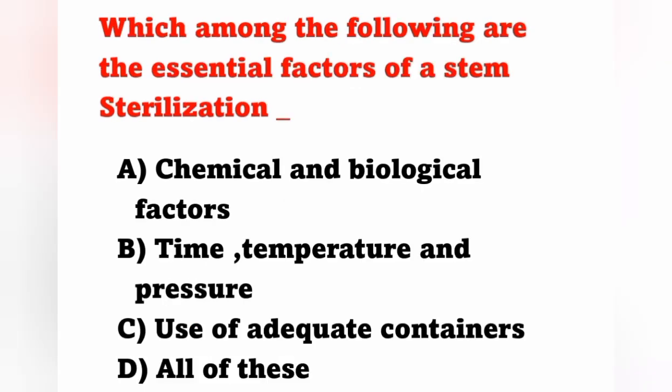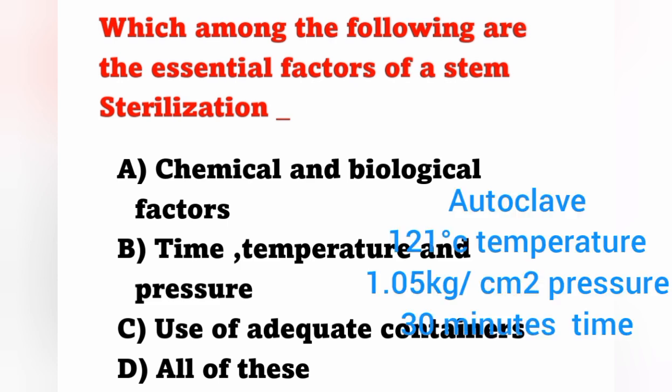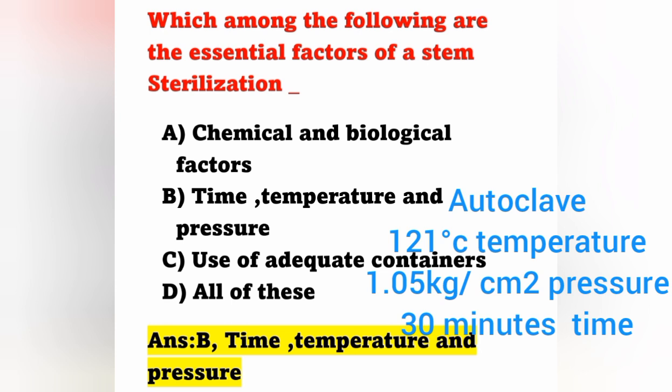Move on to the next question. Which among the following are the essential factors of steam sterilization? Options: option A chemical and biological factors, option B time, temperature and pressure, option C use of adequate containers, option D all of this. Our question is, what are the essential factors of steam sterilization? It is time, temperature and pressure.